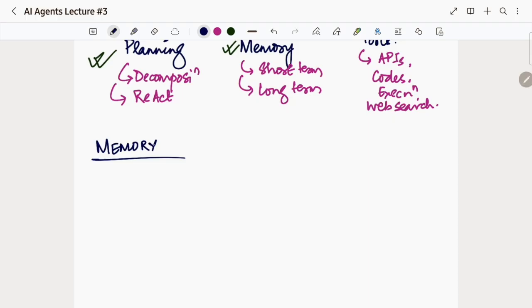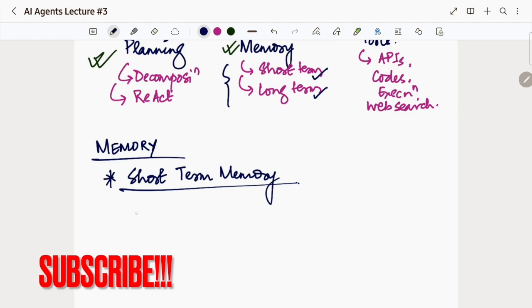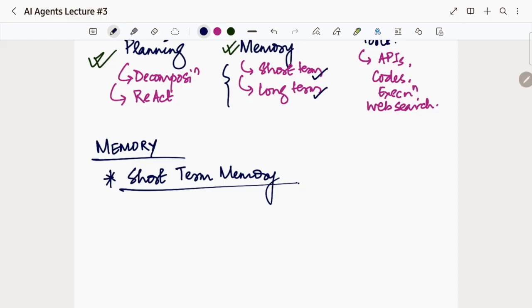Here I have shown, and in the last class also we discussed this, that in the memory we have to look into the short term and the long term. So let us look into them. Let us first start off with short term memory. When we talk about short term memory, what do we actually talk about?